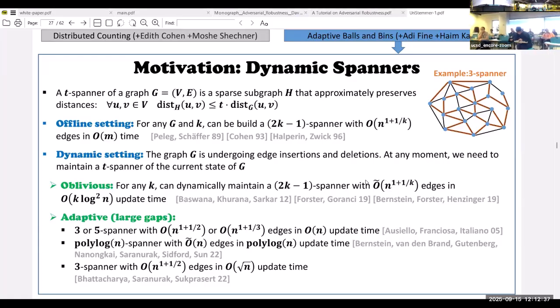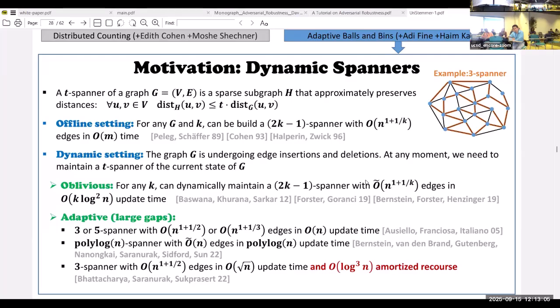Okay, so you see there are huge gaps between the adaptive and the oblivious setting, and because of that, these 2 papers started looking at a different measure for the efficiency of dynamic algorithms in this context, called the recourse. So what is the recourse of an algorithm? It's the number of changes you need to make to your data structure for every update to your input.